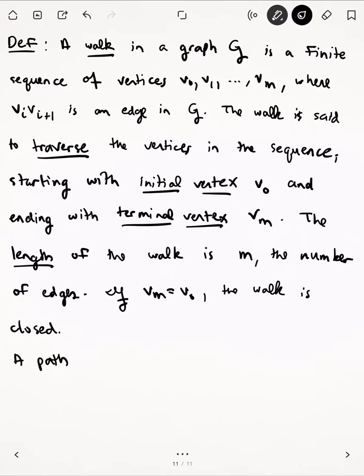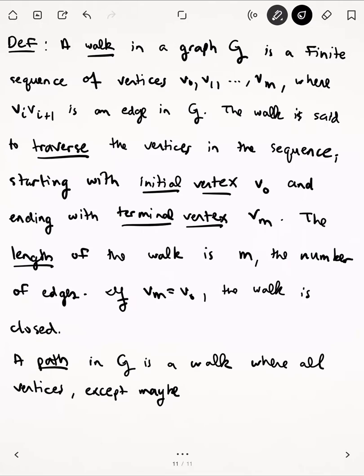A path in G is a walk where all vertices, except maybe initial and terminal vertices, are distinct.